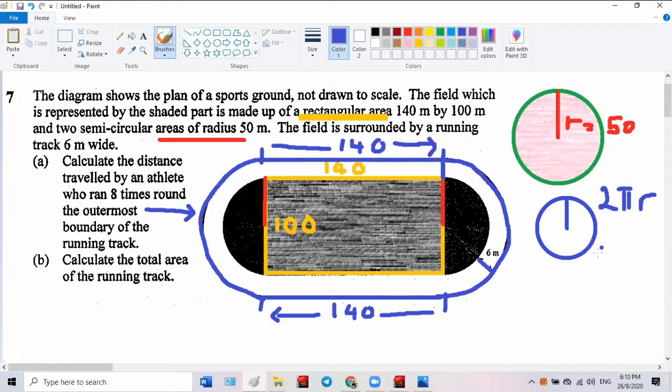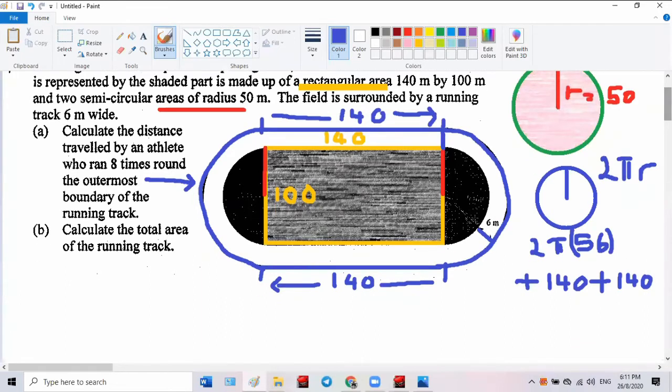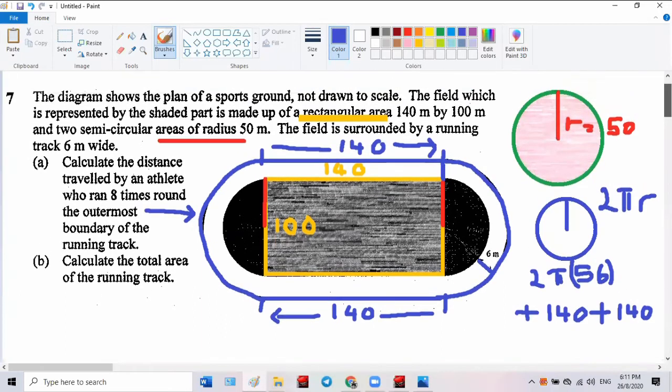The circumference is 2 times pi, since he never said anything, and the radius is 56. Times, okay? After you times this, you add 140 and another 140, which will give you the whole distance that he ran. Agree? Faster go and calculate. Put in the calculator and don't give me the wrong answer. That's all.